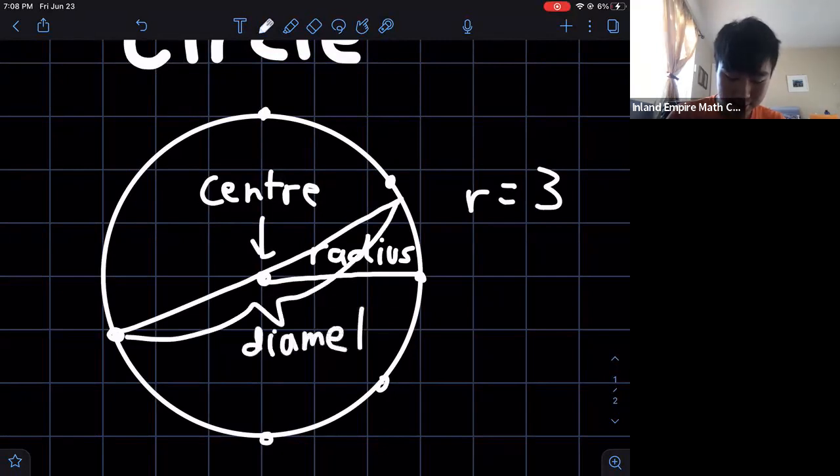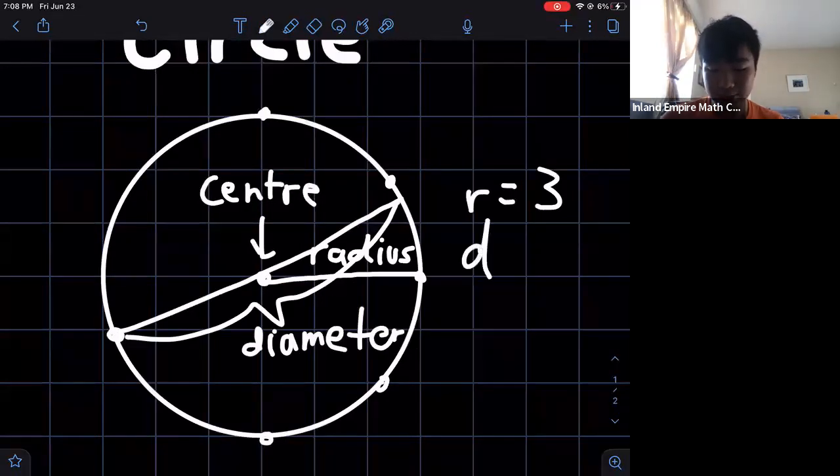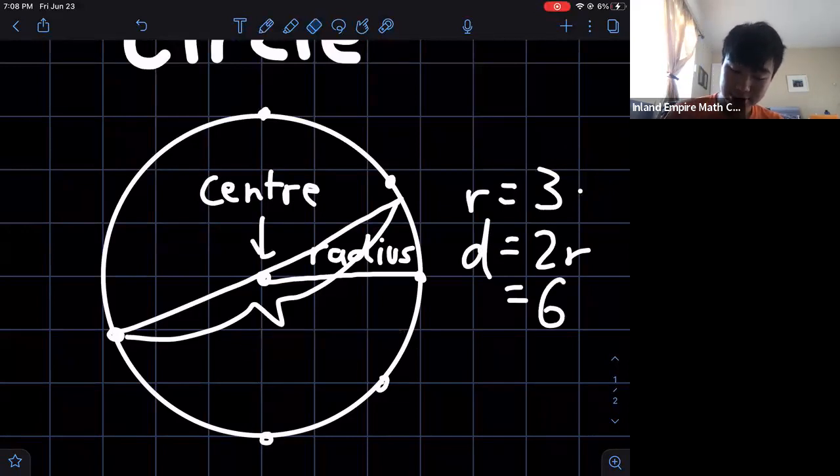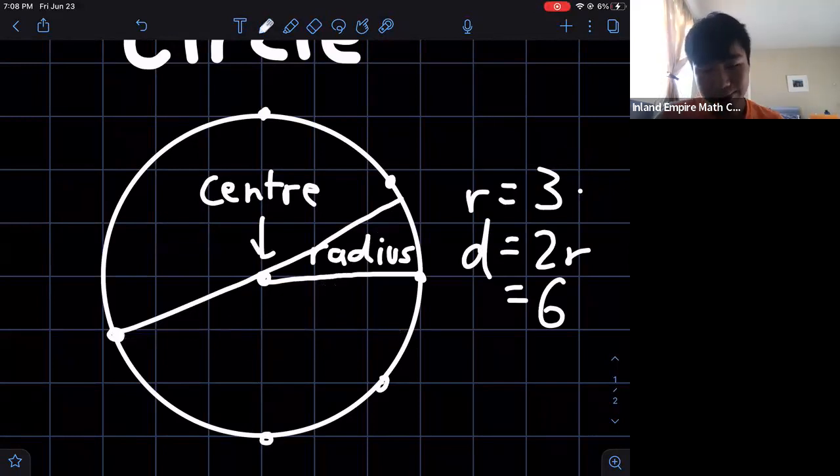The diameter is equal to 2 times the radius, which in this case, since the radius is 3, means that the diameter is 6, right? So does this radius, diameter, center stuff make sense? You might have learned about this in school before.